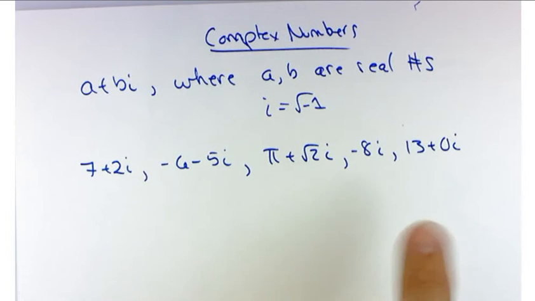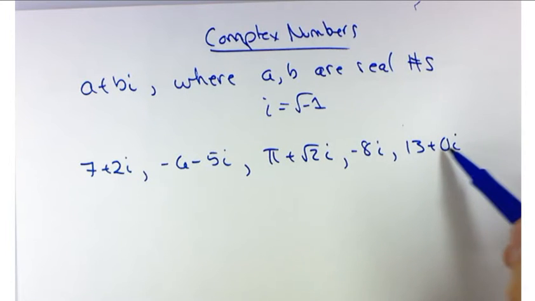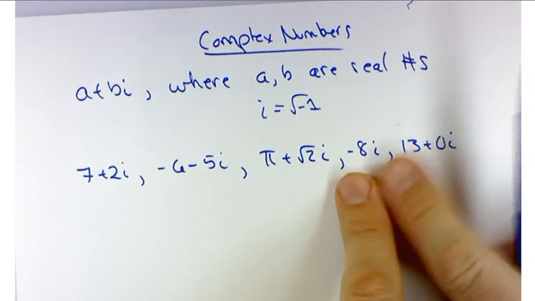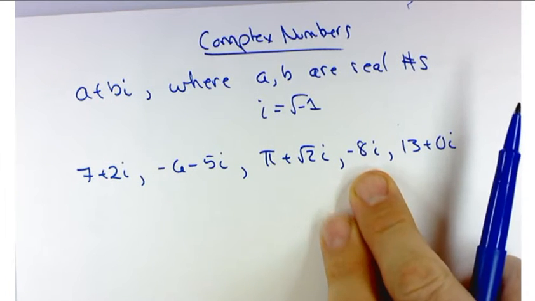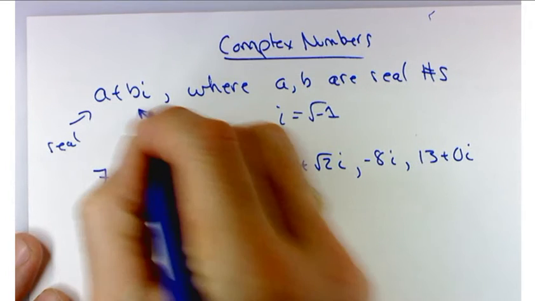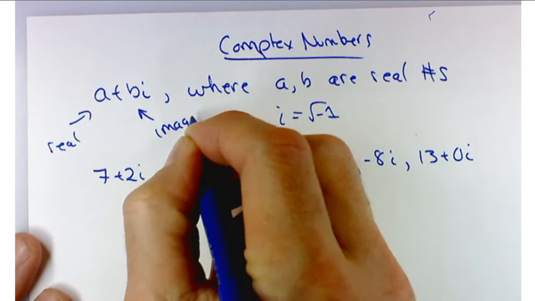So all the real numbers that you're familiar with are really kind of a special case of complex numbers where this coefficient of i is 0. So this is a purely real number. This is a purely imaginary number. You have what's called the real part, and you have what's called the imaginary part.